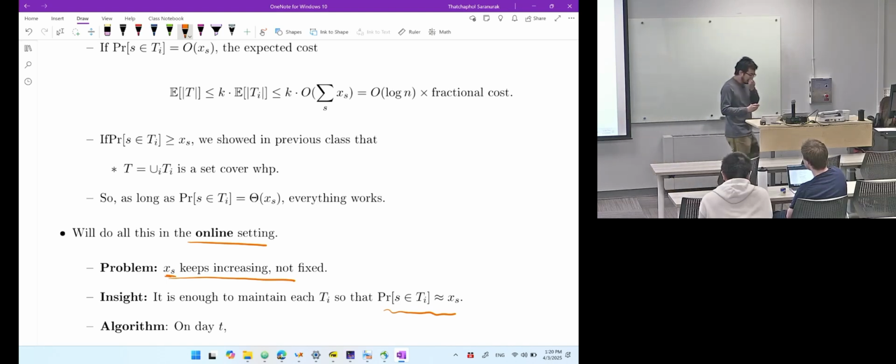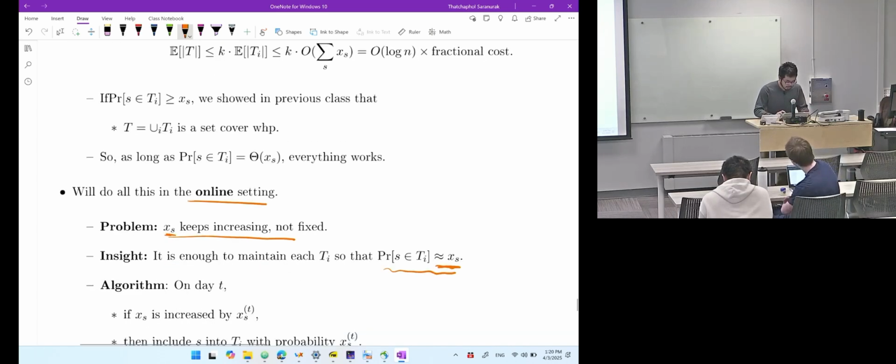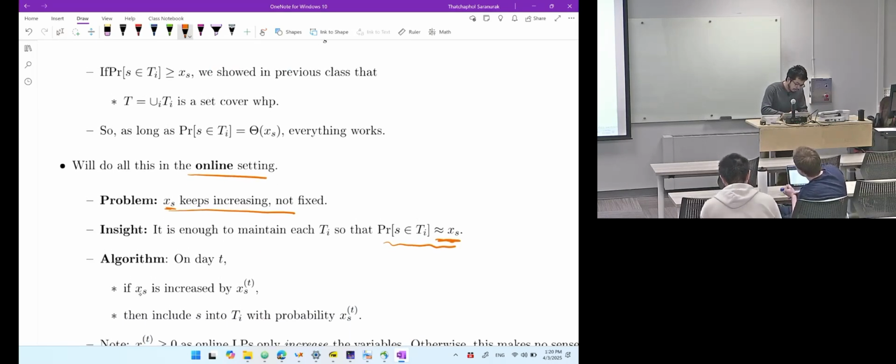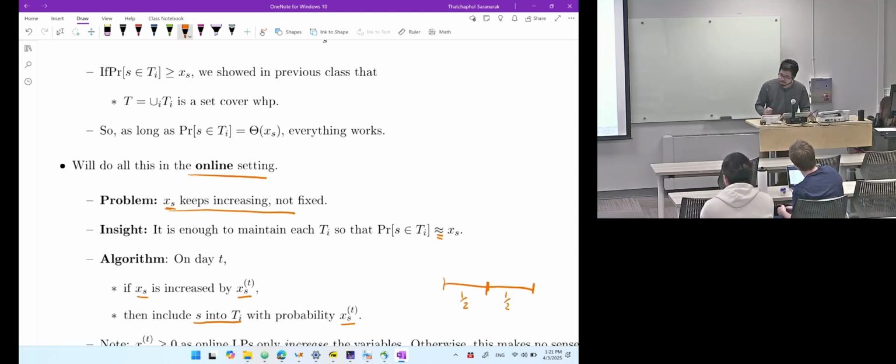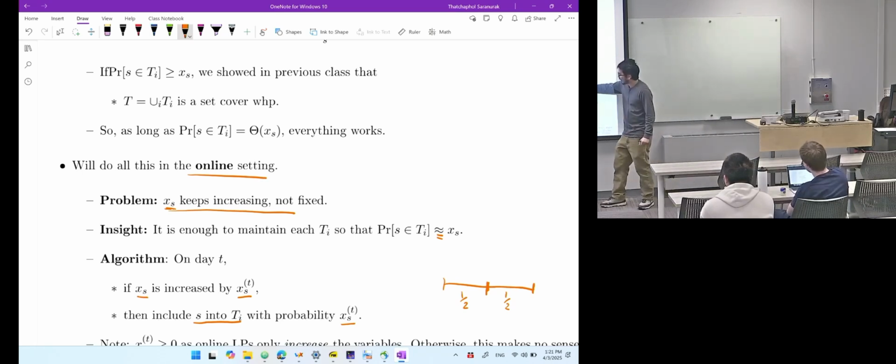Note that if you do this, it's not going to be exact. So the algorithm is: if xs increased by xs t on day t, then include S into your set with this probability. With this algorithm, you don't get exactly the same probability. Why? Imagine that on day 1, xs increased by half, and on day 2 it increased by another half.